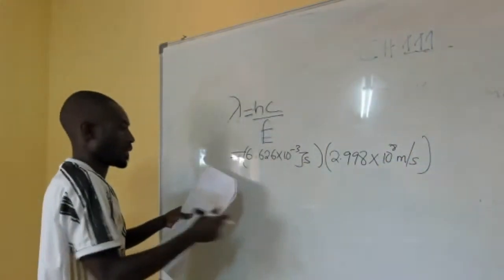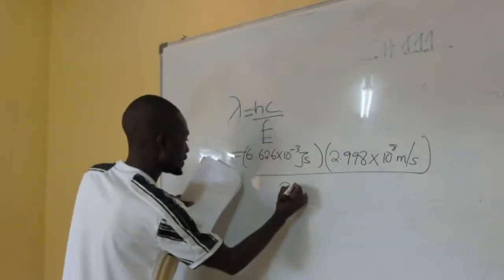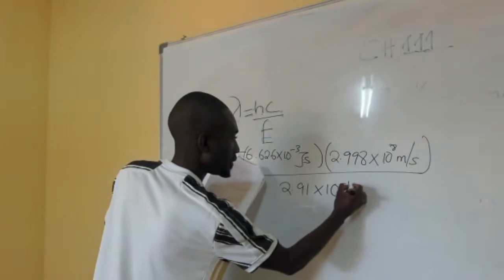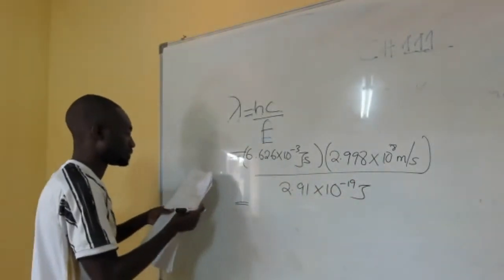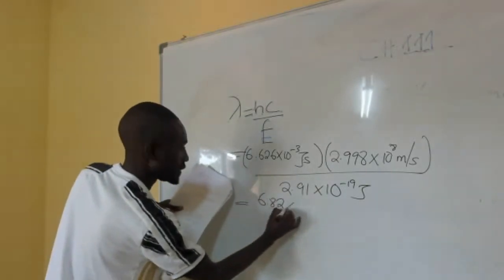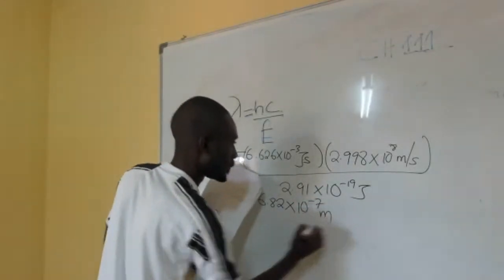Then you divide by the 2.91 times 10 to the power negative 19 J that you found. Then you have 6.82 times 10 to the power negative 7 m.